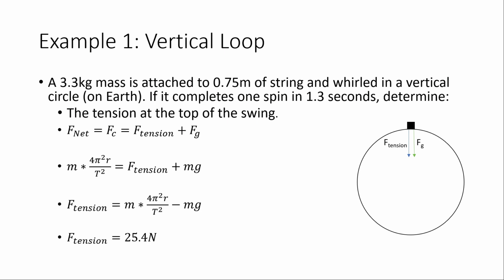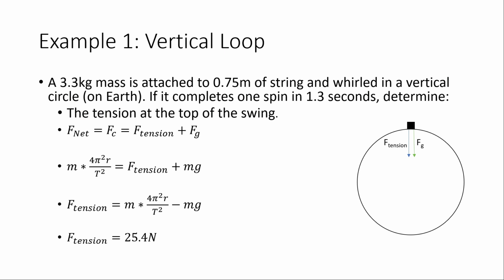Bringing it over and solving for F tension, we would see that it is our centripetal force, mass times 4 pi squared r over period squared, and we would subtract out the force of gravity. In this case, at the very peak of the swing, the tension would be about 25.4 newtons.